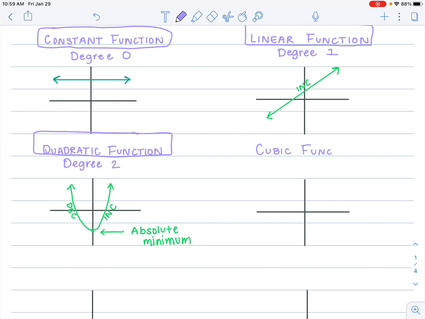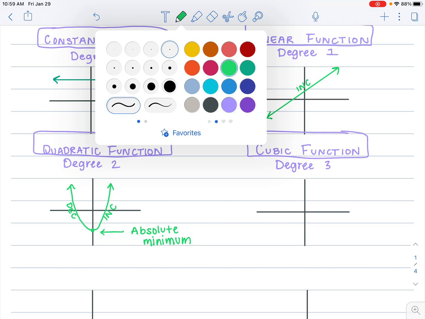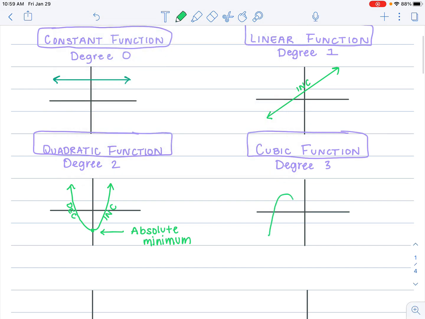The next one is what we call a cubic function. This has a degree of 3, so it's x cubed.